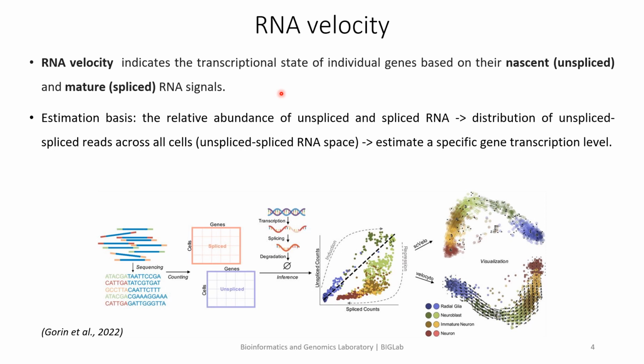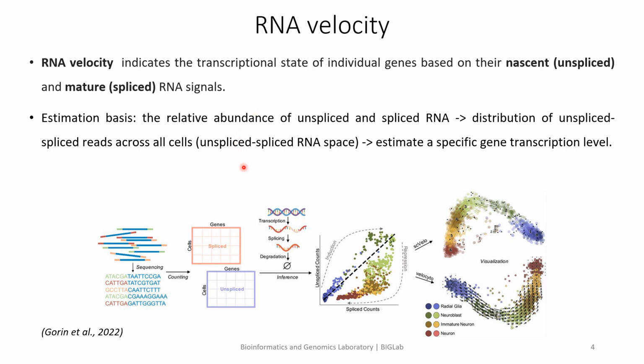We know that eukaryotic genes have introns and exons, and only exons encode the protein sequence. So after transcription, the nascent mRNAs, in other words the unspliced mRNA, need alternative splicing to make the mature mRNA, or what we call spliced RNA.